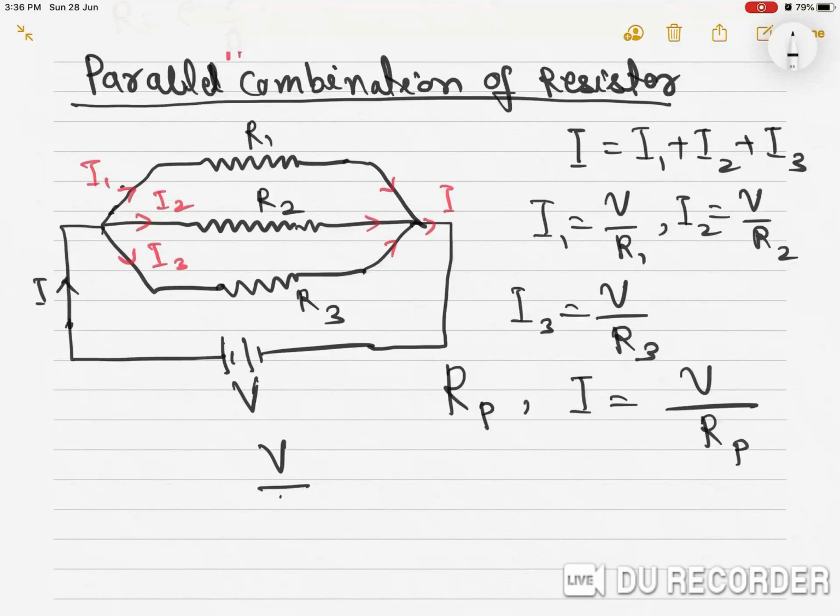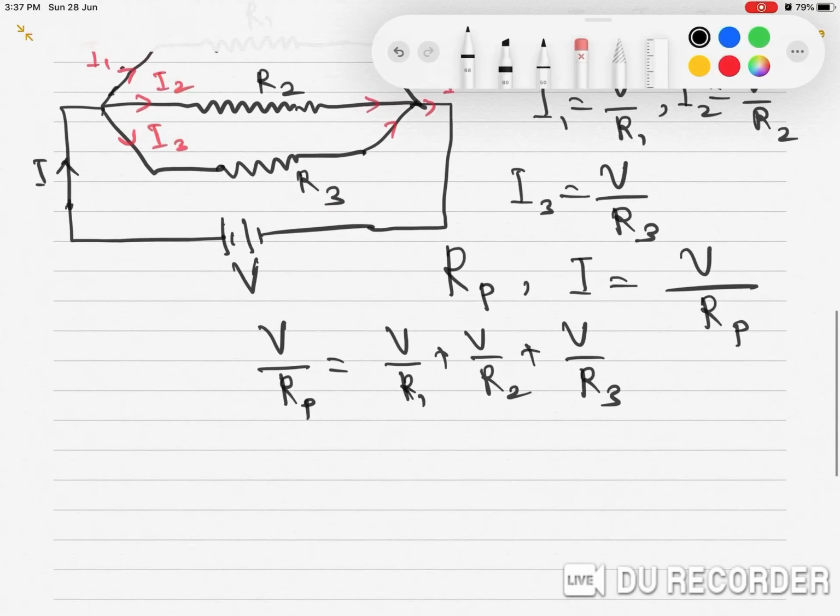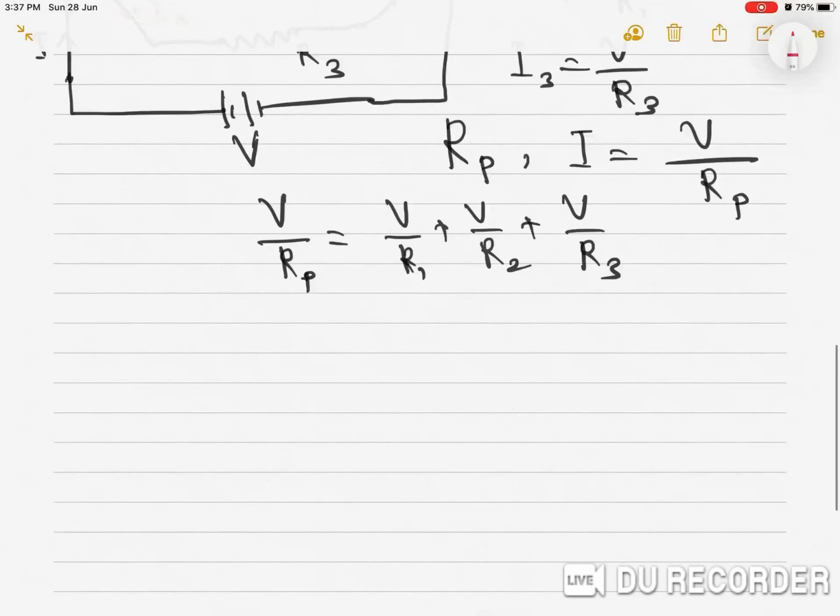So, V upon Rp is equal to V upon R1 plus V upon R2 plus V upon R3. So, 1 upon Rp is equal to 1 upon R1 plus 1 upon R2 plus 1 upon R3.